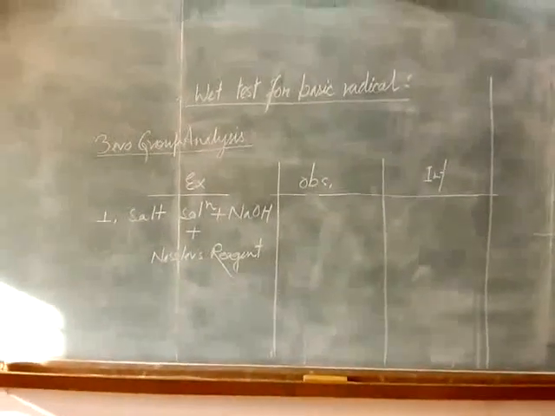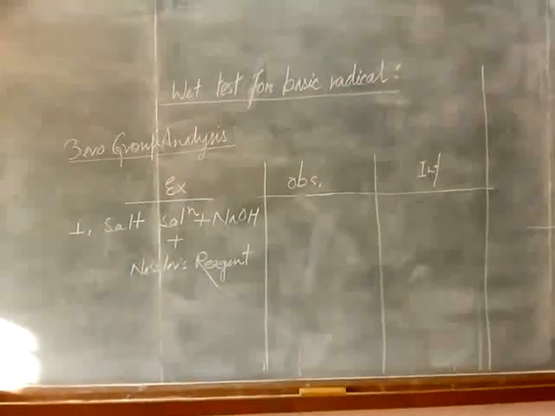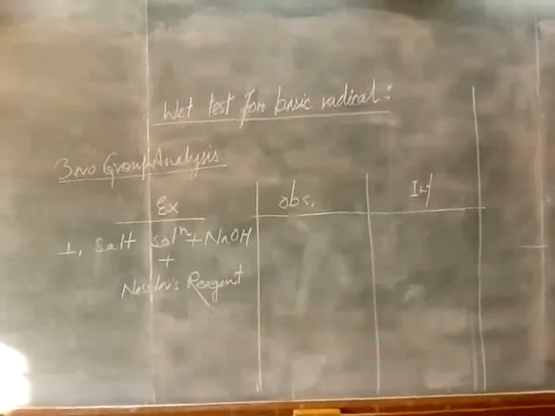Now we are going to perform wet test for basic radical. Basic radicals are divided into six groups, from group 0 to group 5.